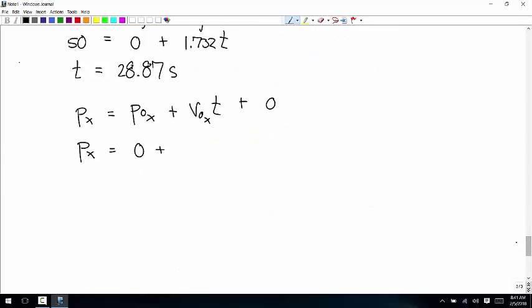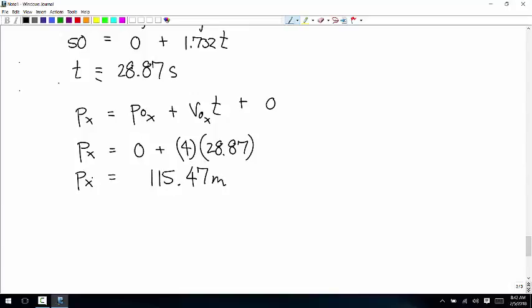Positive 4 times 28.87. And what do you get for that? 115.47. So a long way away. Yeah, that's not so far to walk. He'll be okay.